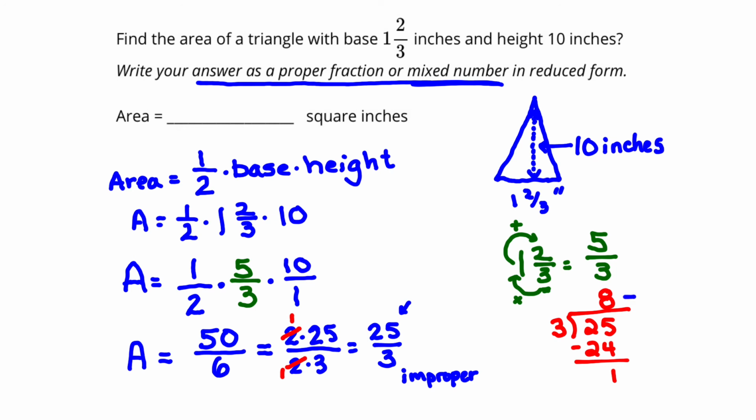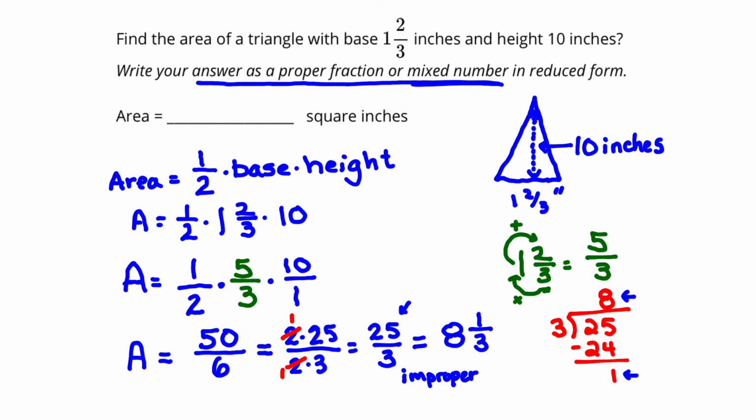So the 8 on top becomes my whole number part, and the 1 becomes the numerator of my fraction. So here we go. 25 over 3 is equivalent to the mixed number 8, the quotient, and 1/3, 1 being the remainder, over the denominator 3. So 25 thirds is just 8 1/3.